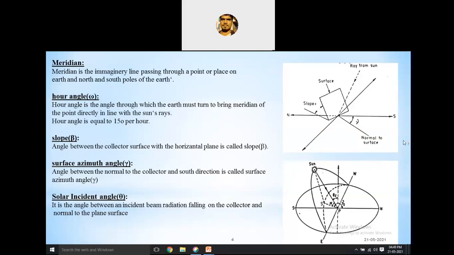So a particular location of the earth exposed to the sun depends on the meridian line. When the earth starts rotating slowly, the meridian line also changes, at a particular time, exactly at 12 a.m.